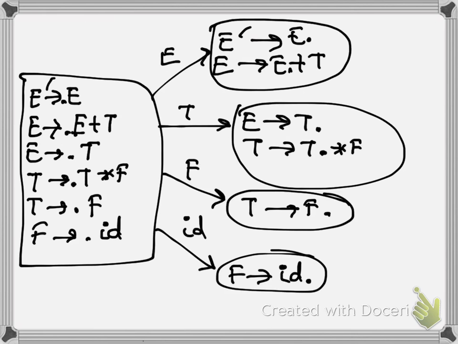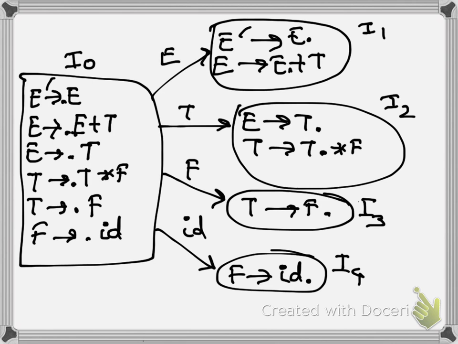So here is the partial diagram for our DFA. You can see this is what we started from. This is I0. Let's call these I1, I2, I3 and I4.